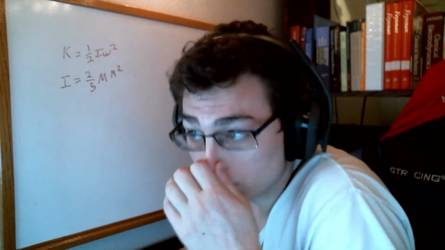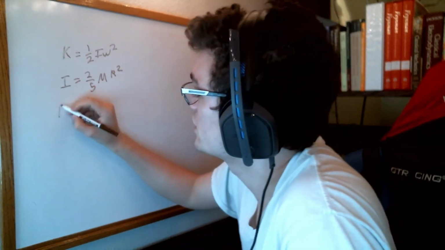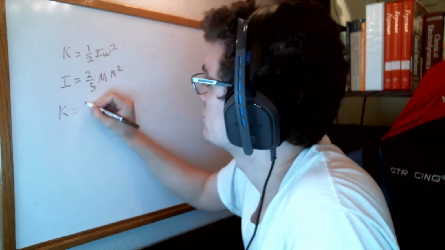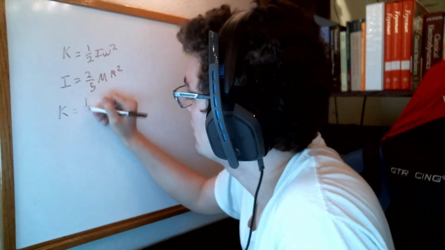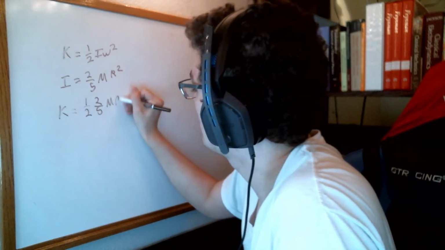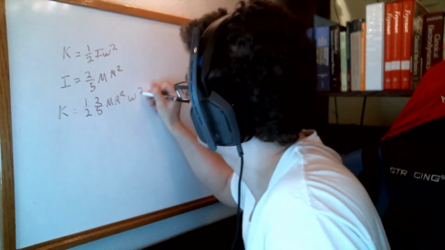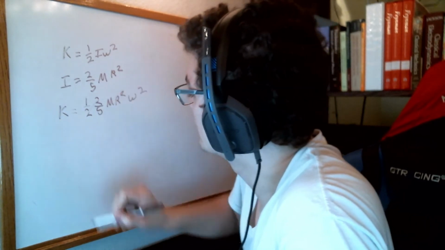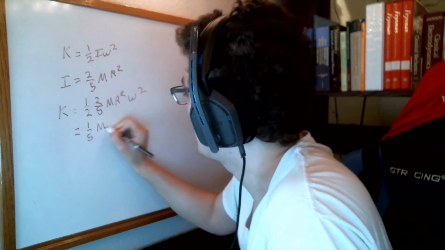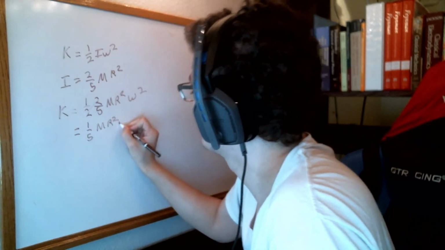And so what we can do is we can plug this in and say that K is equal to 1/2 times 2/5 mr squared omega squared. So the 2's are going to cancel, and you're going to be left with 1/5 mr squared omega squared.